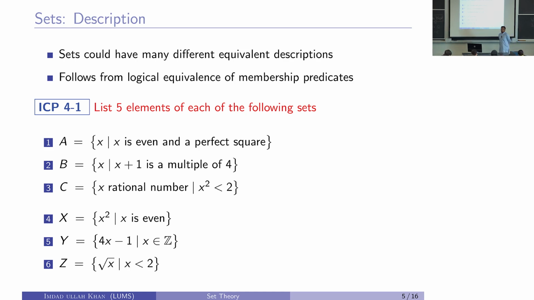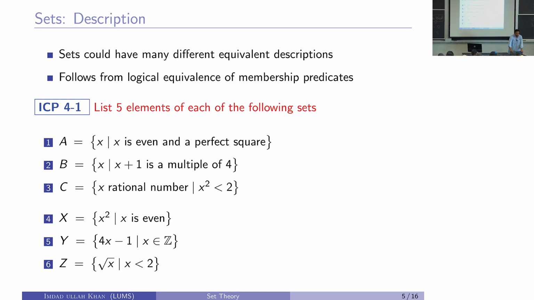3 is not even, right? 4 is a perfect square, it's the square of 2, and it's an even integer. 5, 6, 7, 8, 10. Is 10 a perfect square? No, right? The next even perfect square is 16. Then 36, 25, no, 25 is not, right? 36 and then 64 and then 100, right?